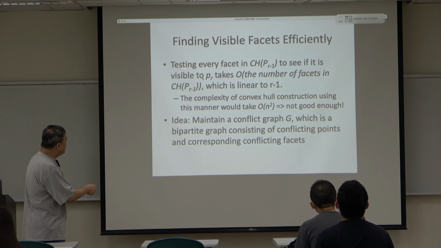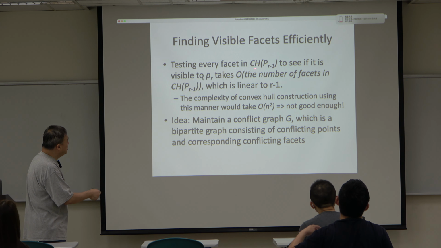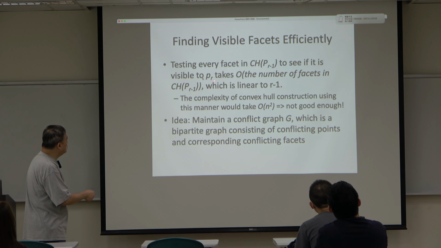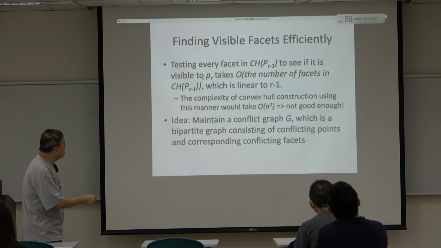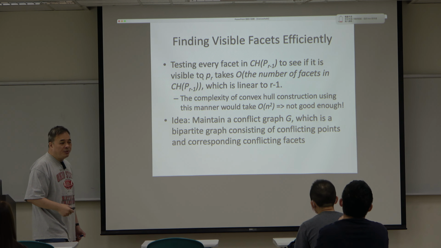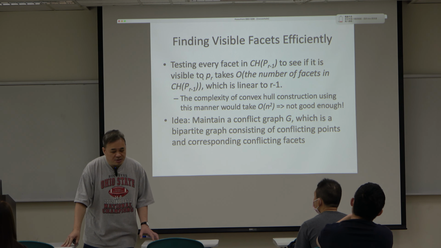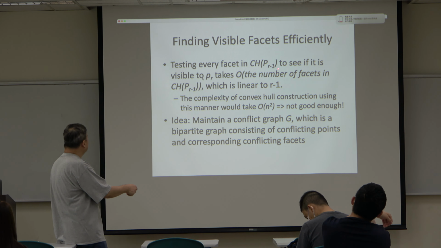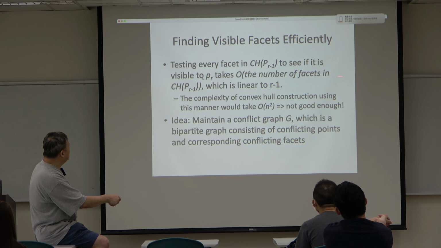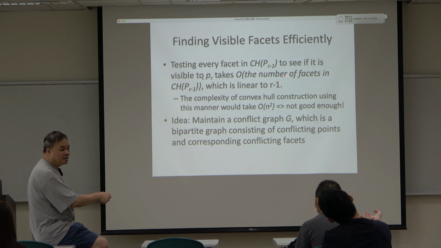Okay. So testing every facet in CH(P_{r-1}) to see if it is visible to PR takes big O of the number of facets in CH(P_{r-1}). Remember, previously we said this is linear in r minus 1, right?